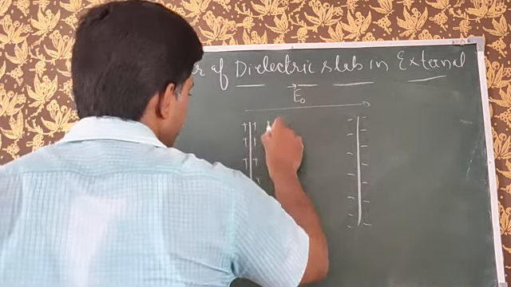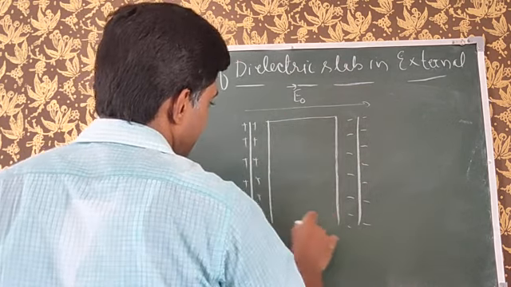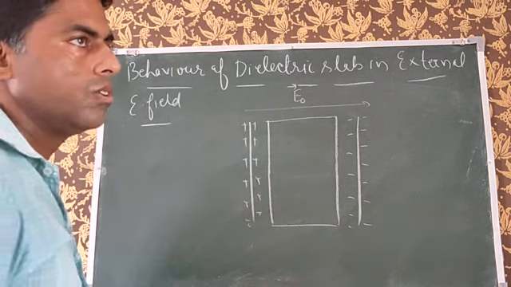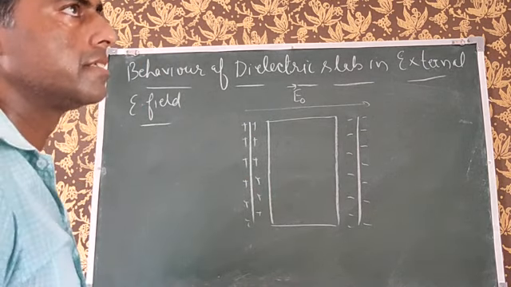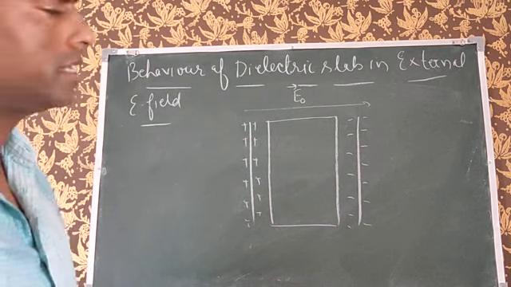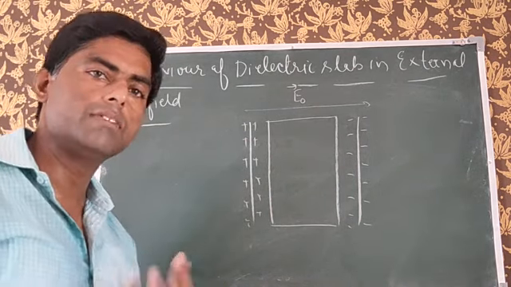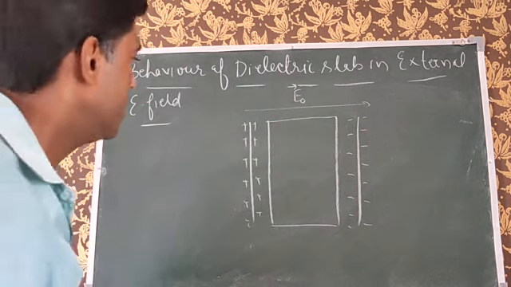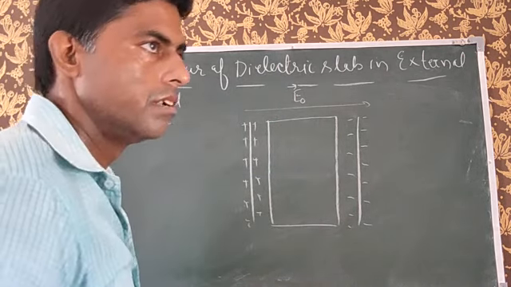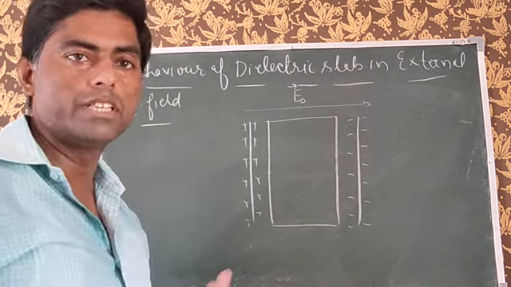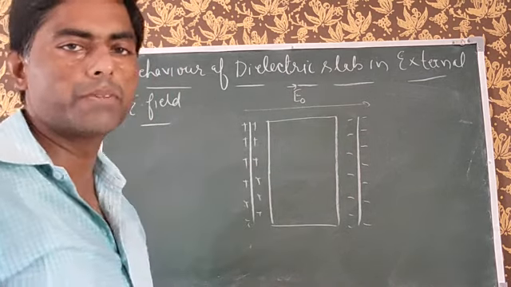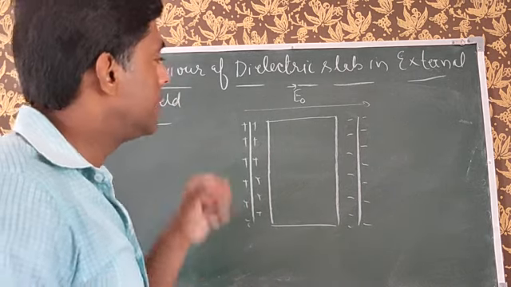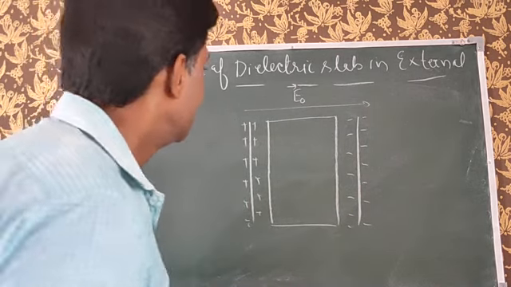Now let us place a dielectric slab in this external electric field. As we know, each substance has atoms or molecules inside it, and each atom or molecule has charge. When we place this dielectric slab in the external electric field, the whole positive charge of the atoms gets attracted toward the negative plate, and the whole negative charge of the atoms gets attracted toward the positive plate.